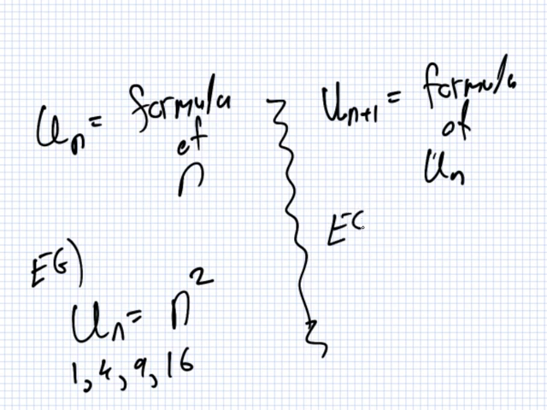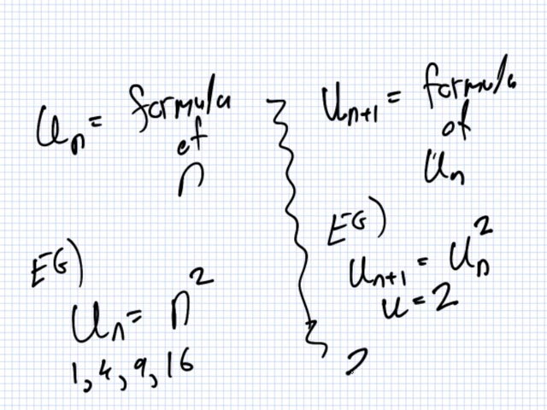So the example here could be U(n+1) equals, let's say, Un squared, yeah. Now I have to tell you where to start here, so I also tell you to start at 2, for example. So if I start at 2, then the next term is 4, and 16, and 256, etc. So you see, they're very, very different.